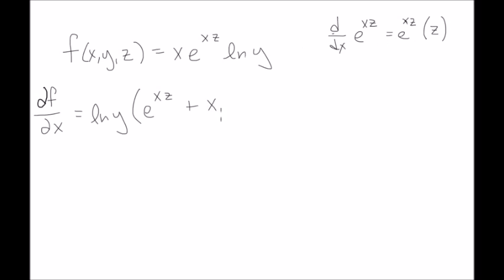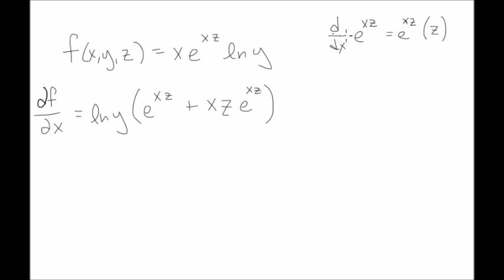So coming back to the problem that I was working on, I have this x that I was left with because it's the product rule, and I have the first term unchanged times the derivative of the second term. So it would be x times z times e to the xz. And I'm done with that partial.